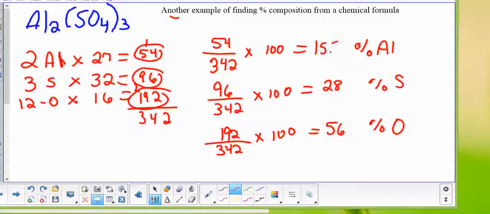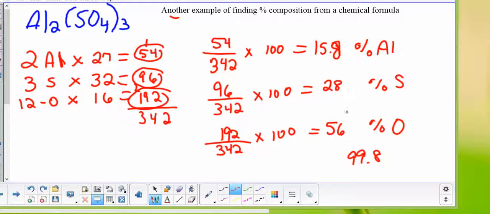Or 15.8. Now if I add those three together, 15.8 plus 28 plus 56, I get 99.8, and the only reason it doesn't equal 100 is just because I didn't keep my decimals here.